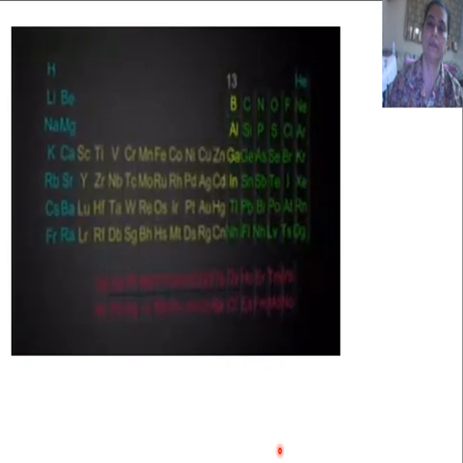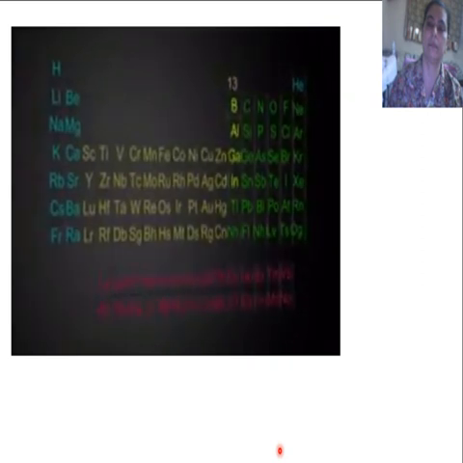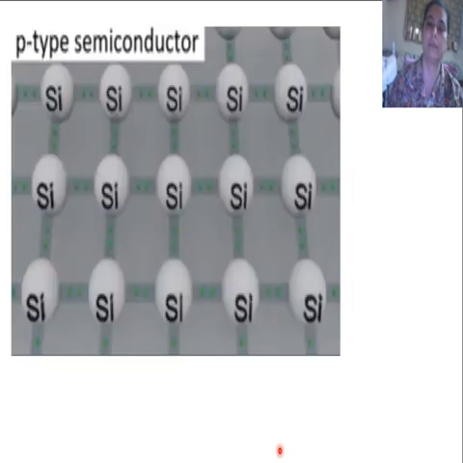Now for P-type semiconductors, you replace or dope a few of the silicon atoms with group 13 atoms. So let's take a silicon again out of the lattice and replace it with indium, which is group 13. Now indium only has 3 valence electrons, so there is now a gap.